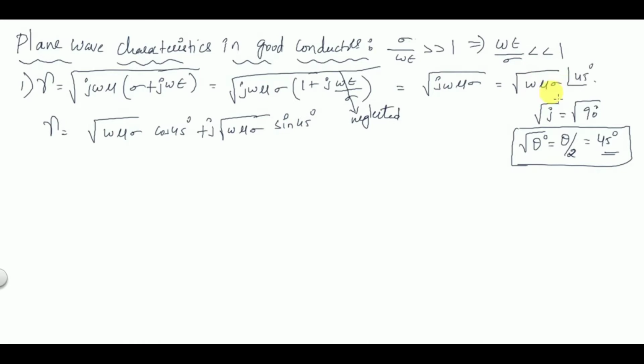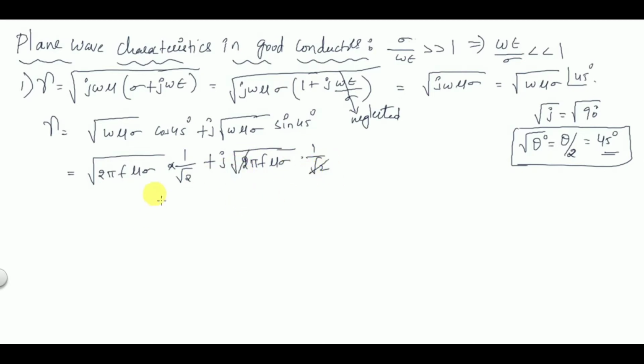Omega is 2 pi f, and cos 45 is 1 by root 2, so root of 2 pi f mu sigma into 1 by root 2, plus j into root of 2 pi f mu sigma into 1 by root 2.